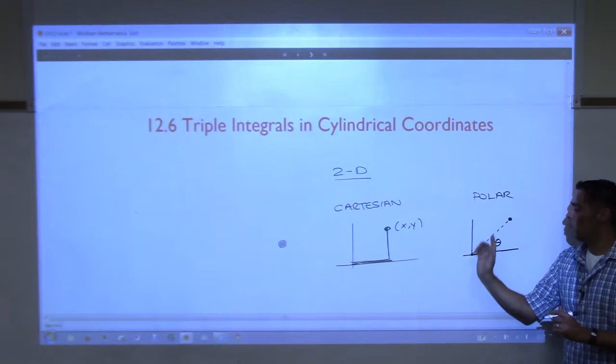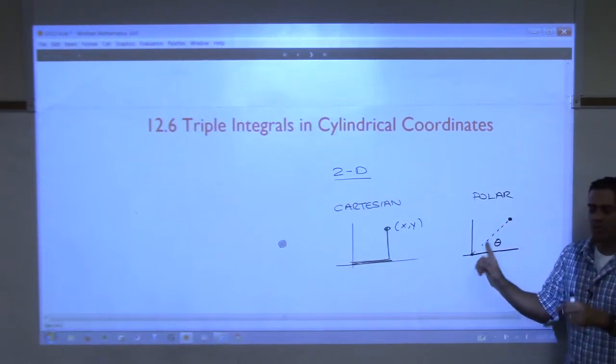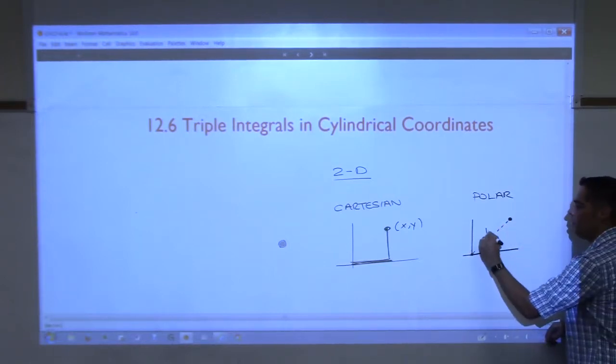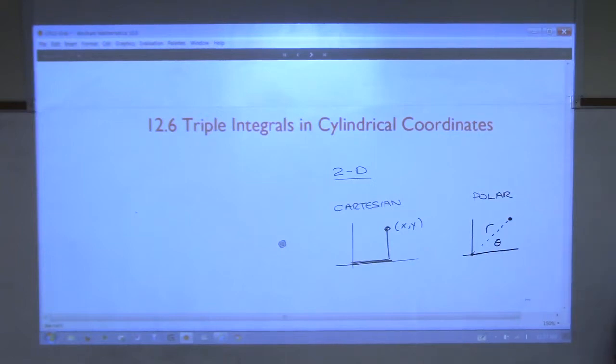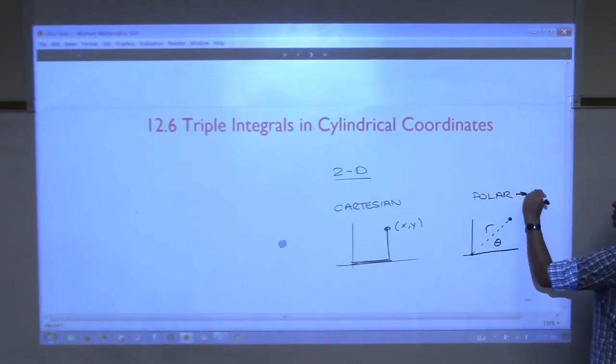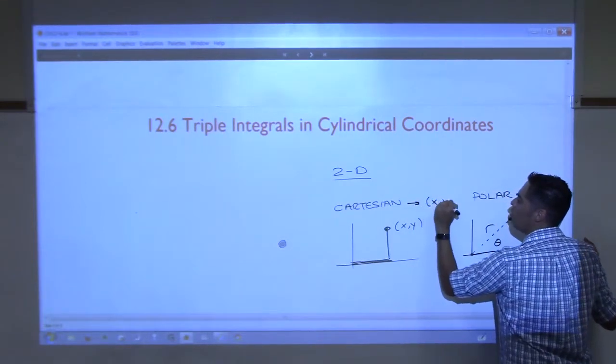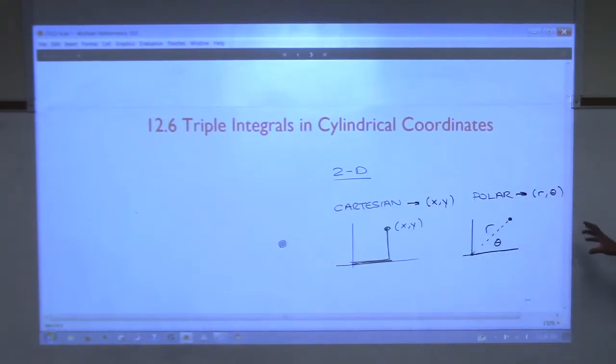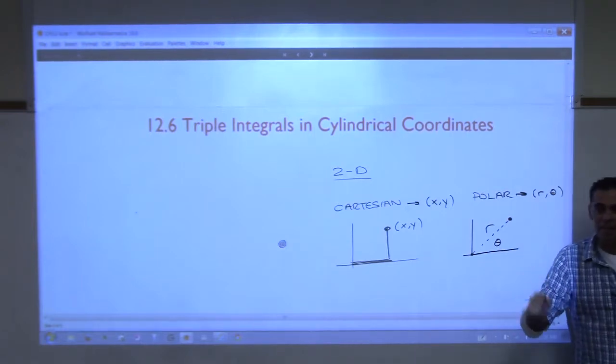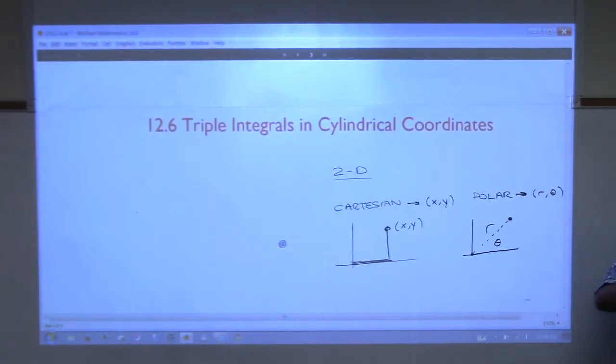And then once we're looking in this direction, we need a radius, which tells us how far to walk, R. And that's how we get to that point. So with polar, there's two things you need to know, r and theta. With Cartesian, there's two things you need to know, x and y. So in two-dimensional space, the minimum amount of information you need to get to a point is two pieces of information, the x and the y, or the r and the theta, and you're there, right? You can walk out to that point.